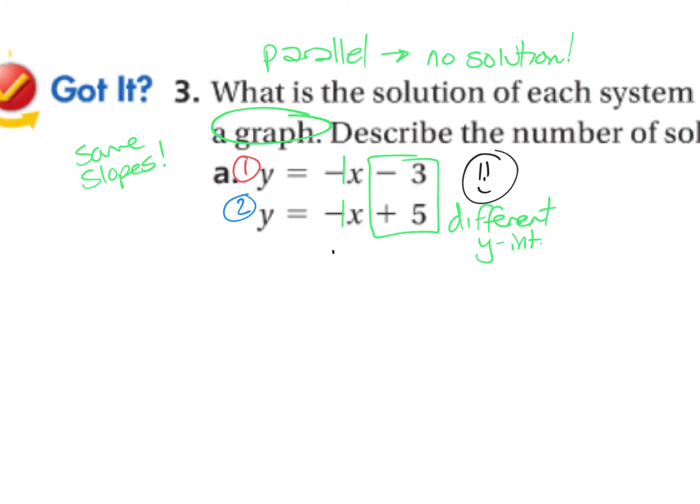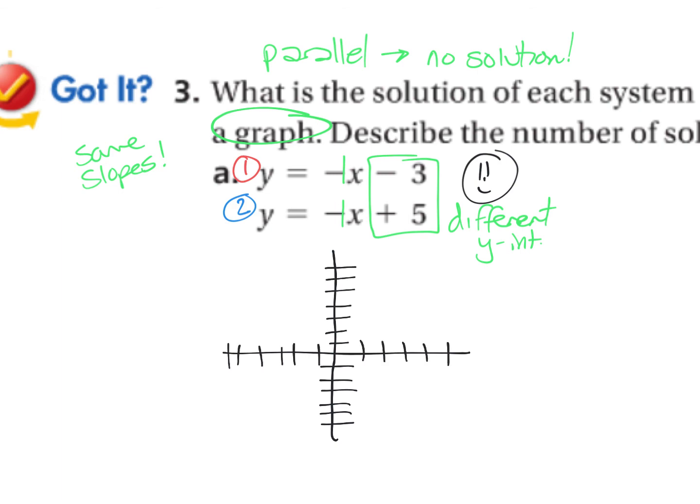By now, we should be experts at graphing in slope-intercept form. So I'm going to make my little coordinate plane. I'm going to do my first one in red. In the first equation, my y-intercept is at -3. My slope is -1. So down 1, right 1.